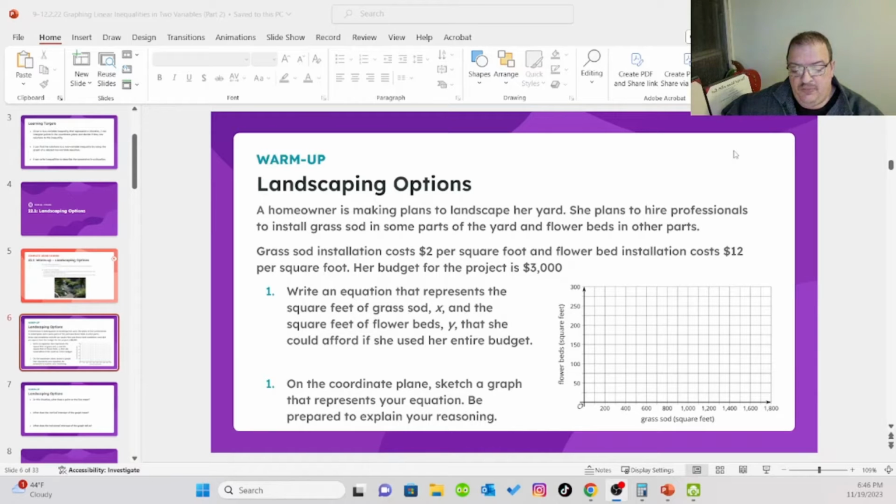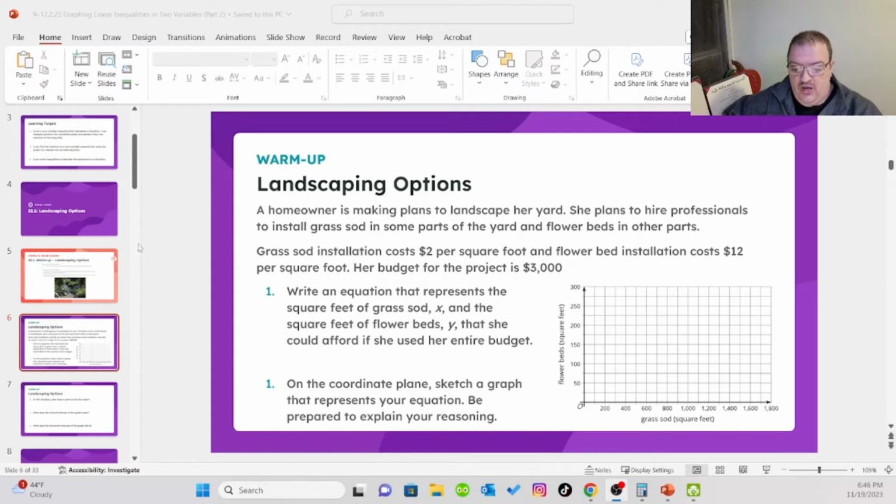Her budget for the project is $3,000. Number one, write an equation that represents the square feet of grass sod using X and the square feet of flower beds using Y that she could afford if she used her entire budget.